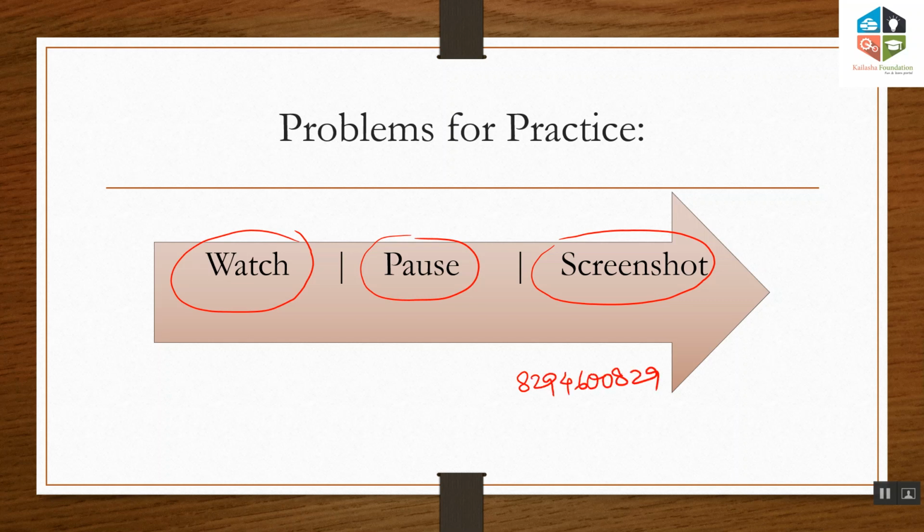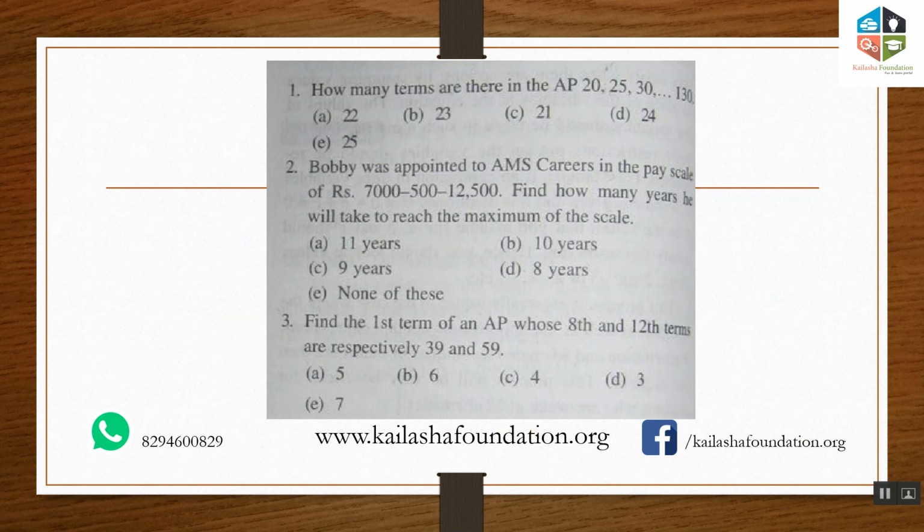Okay, so our first question is, how many terms are there in the AP 20, 25, 30, 35 and so on up to 130? So first term is 20. D is, you can just tell by looking, 25 minus 20, that is 5.